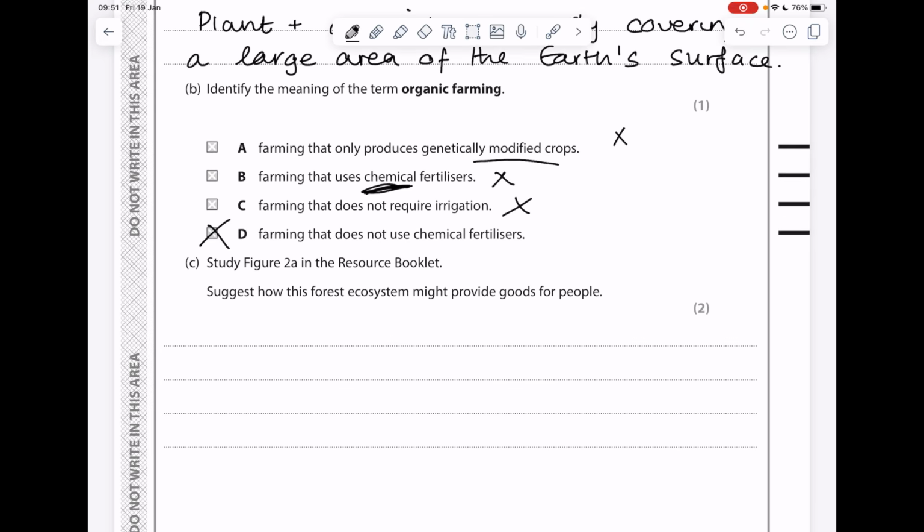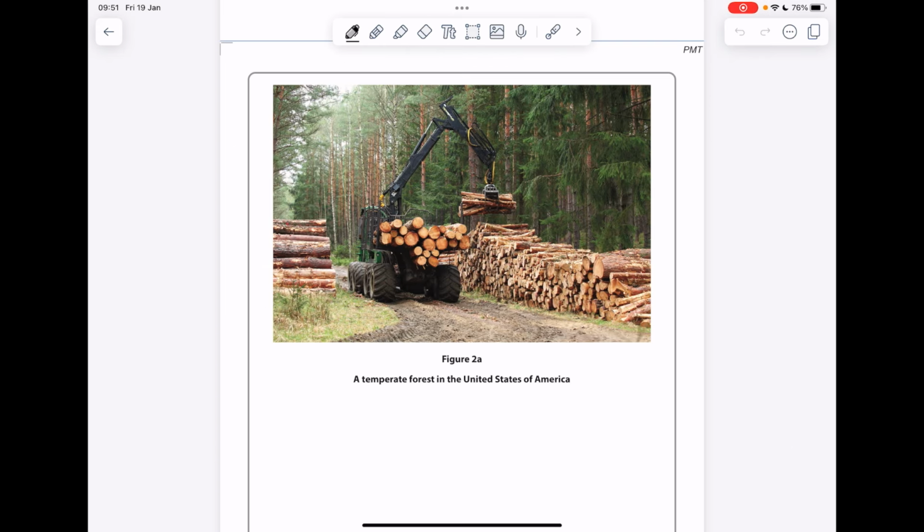Study figure 2A in the resource booklet and suggest how this forest ecosystem might provide goods for people. Oh right, well here we are, a temperate forest in the United States of America. They're cutting down, I don't know if that's conifer trees, but the point is they are getting that wood so that can be used for building materials. That timber could also be used to make furniture and other goods.